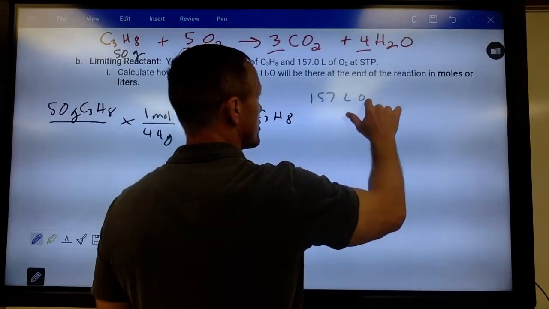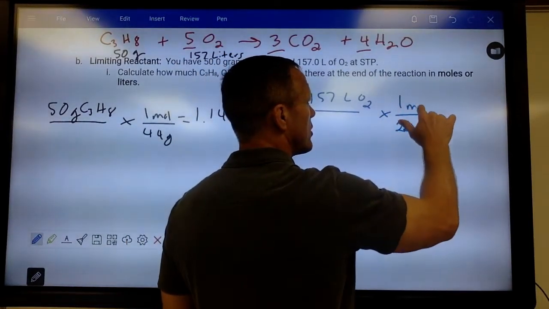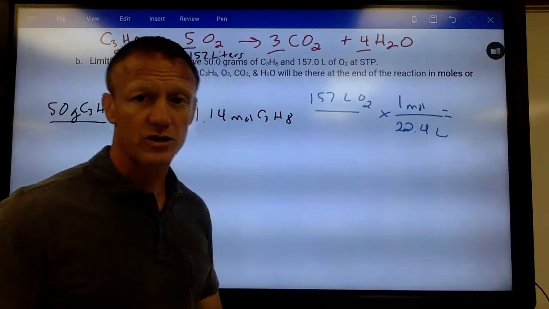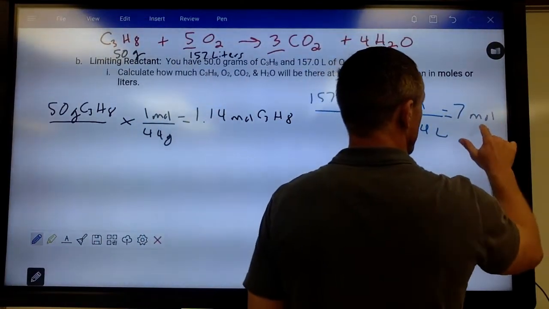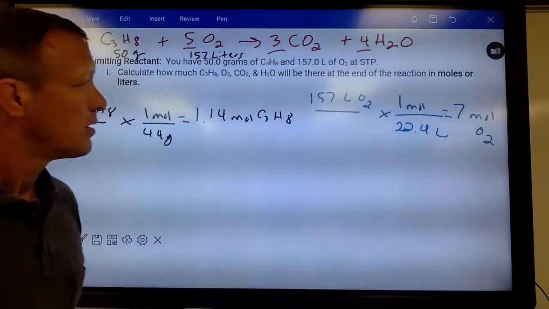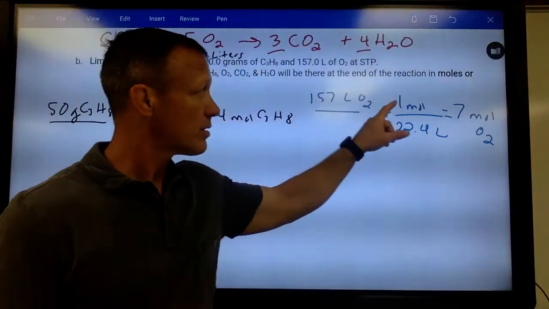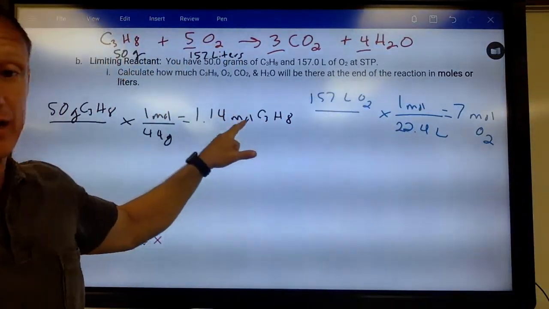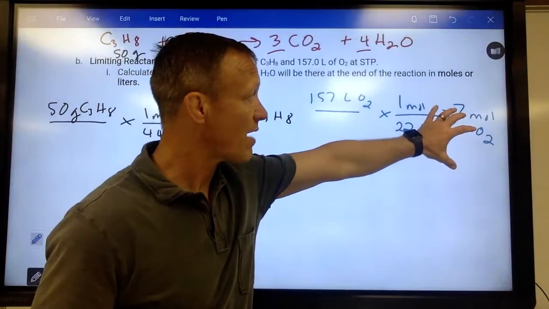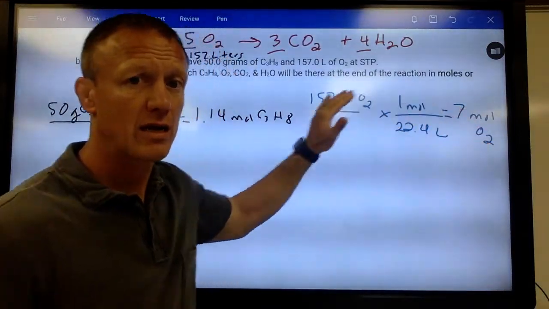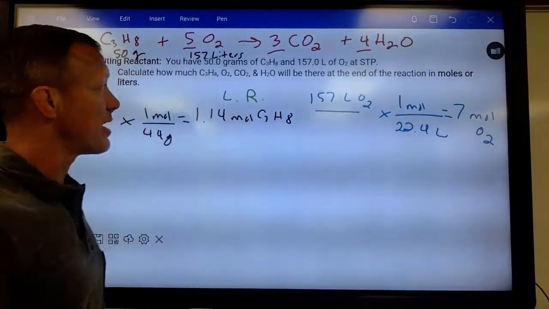Since we're at STP, we can say there's 22.4 liters per mole of oxygen, so we get about 7 moles. The oxygen is supposed to be 5 times bigger. 7 divided by 1.14 is maybe 6 something, so this is more than 5 times bigger, meaning there's more oxygen than we need. That means propane is our limiting reactant.